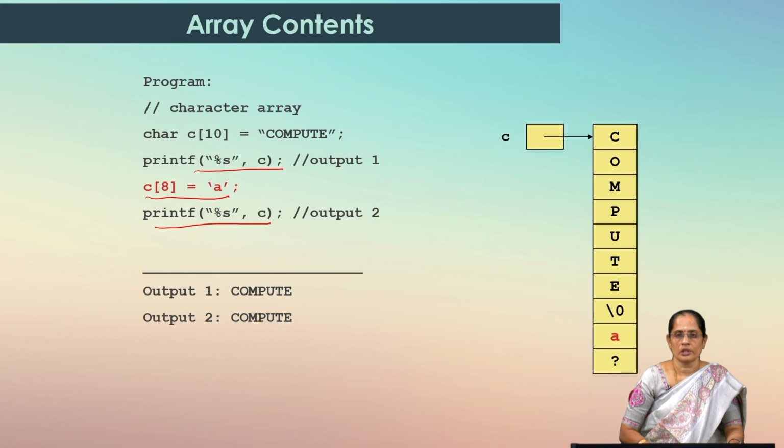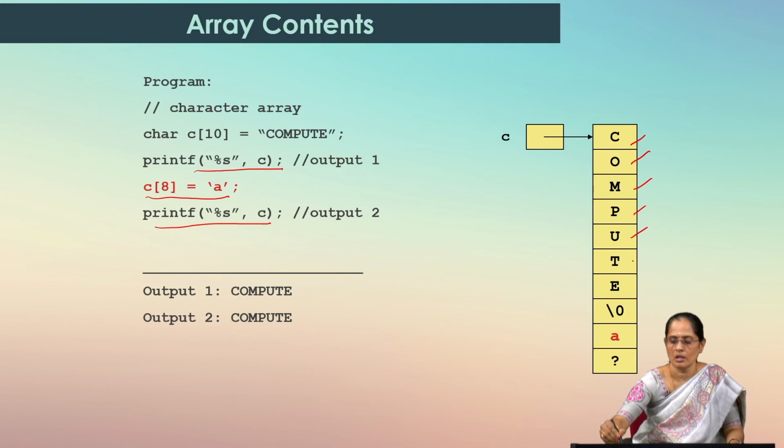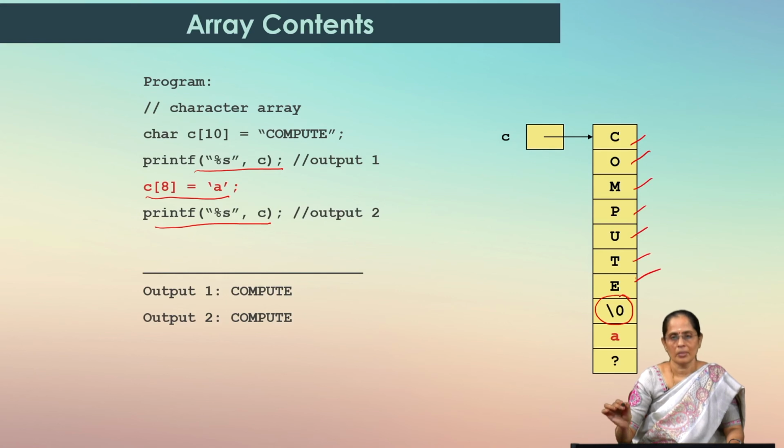Yeah. So, here you can make out that the string compute is stored in 7 locations and the 8th location holds the null character, and the null character denotes the string termination. So, even if you try to store the character A in the location C of 8, it is still not accessed by the printf statement after storing the value A. The reason is that the compiler assumes that a null character is the end of the string.